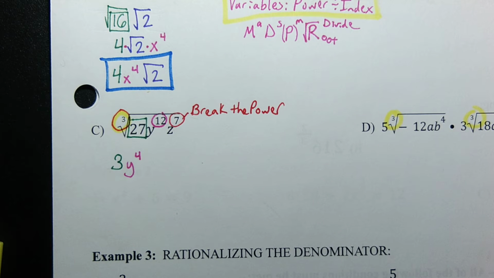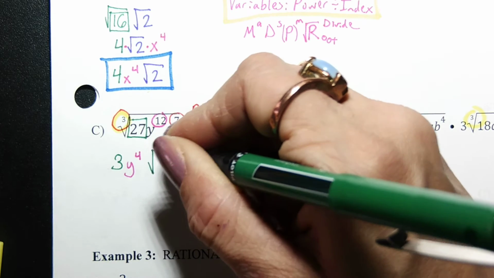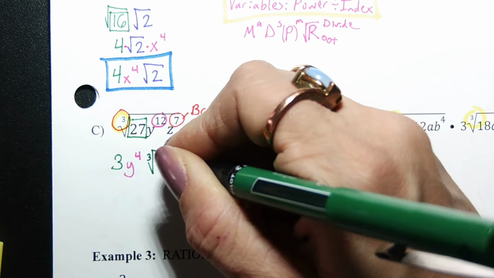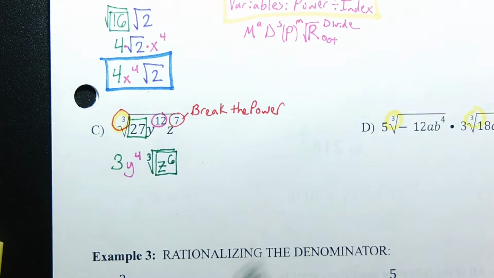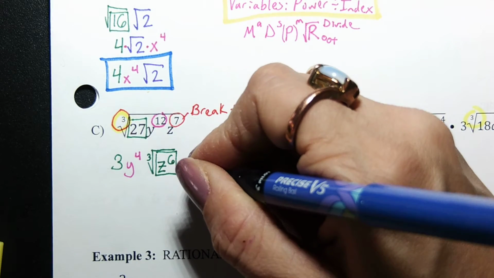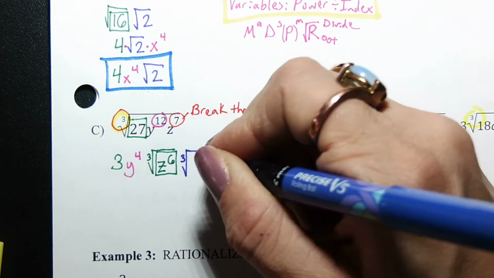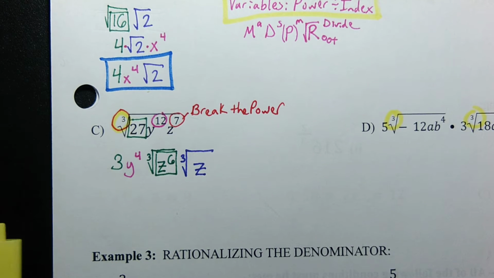So what's smaller than 7 that's divisible by 3? 6. So we're going to break this down into the cube root of z to the 6th. That's going to be my perfect cube because 6 can be divided by 3. And then what's left over is the cube root of just z to the 1st, or just z.